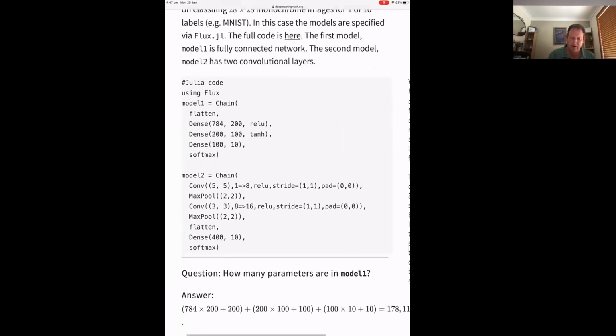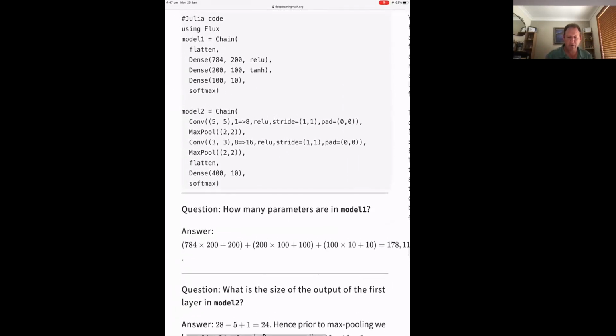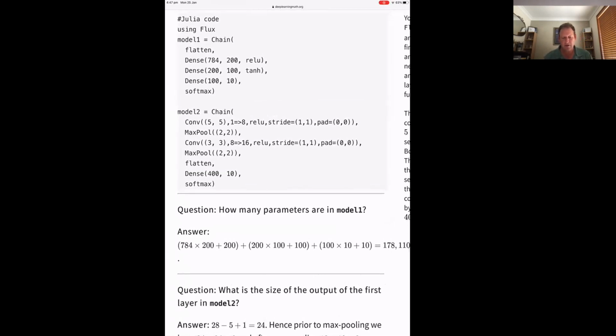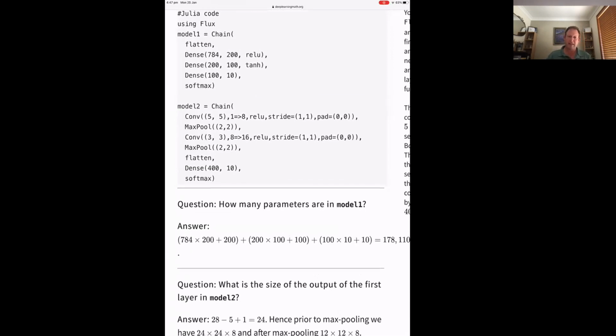This is how you specify things in Flux; in PyTorch, Keras or TensorFlow it's going to be slightly different, but the point is that you start with your network. You have a dense layer that goes from 784 to 200 with a ReLU activation function, then you go from 200 neurons to 100 neurons with tanh. That's a second hidden layer, just for some variety, and then you go from 100 to 10.